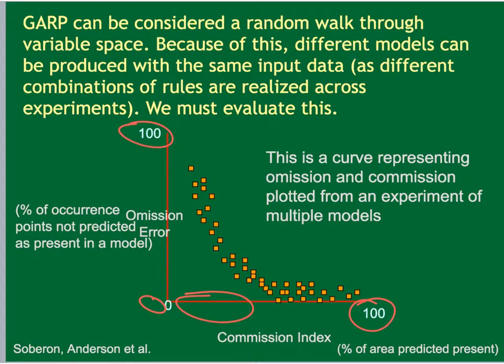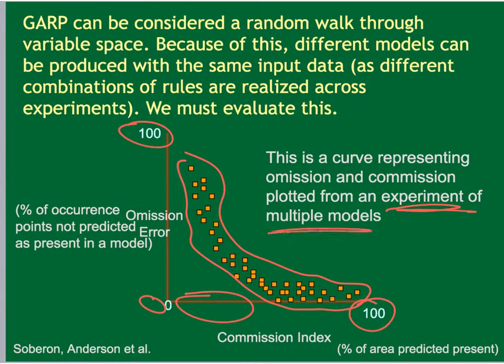So we've got to find some balance here. And just to be clear, this set of points here are representative of the omission value and commission value of each individual model in a single GARP experiment. So a single experiment runs multiple models. Keep that in mind. You don't run a GARP model, you run a GARP experiment full of models.